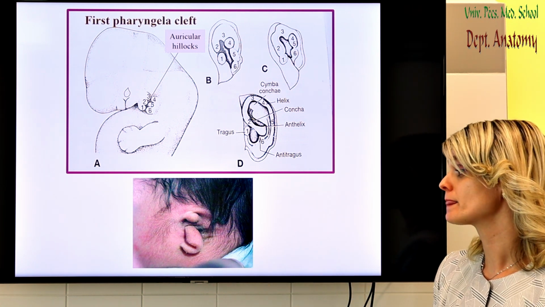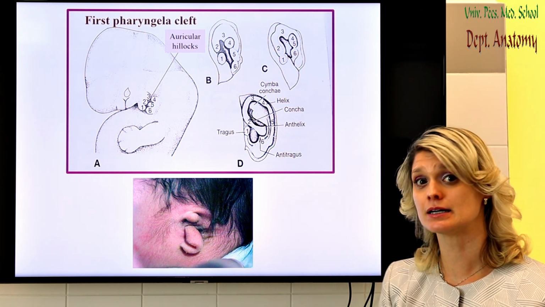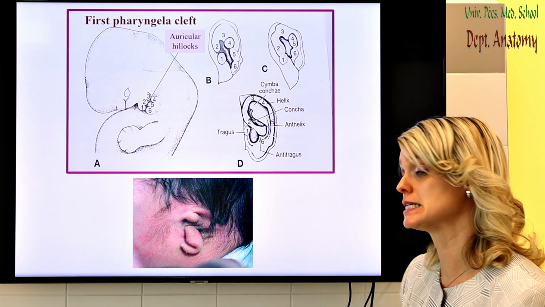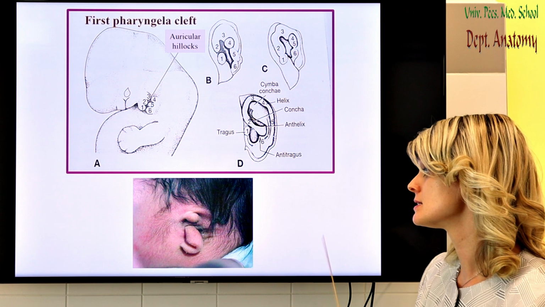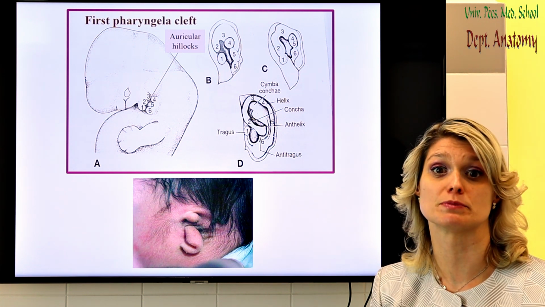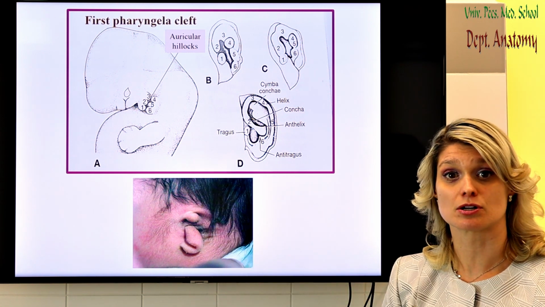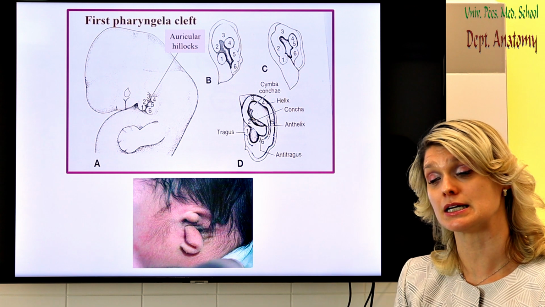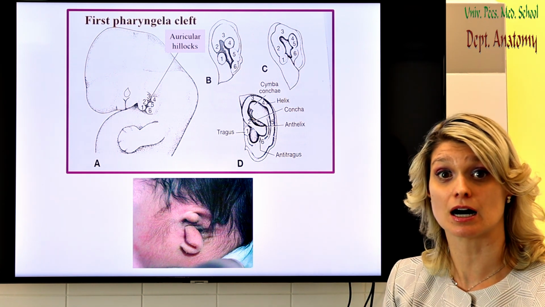And it is always a really important sign if you can see a newborn with a developmental malformation of the ear, because it can show you other developmental malformations too, because we know that the development of the pharyngeal arches has a connection with the development of the heart too.